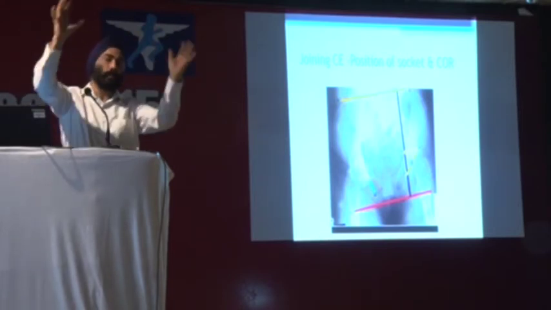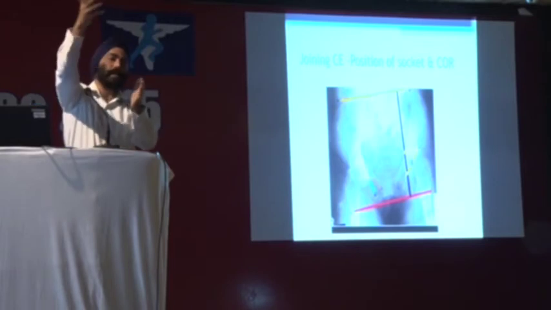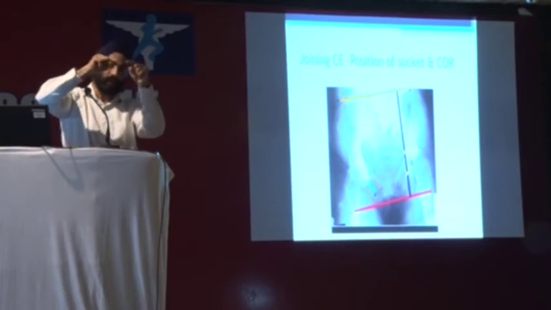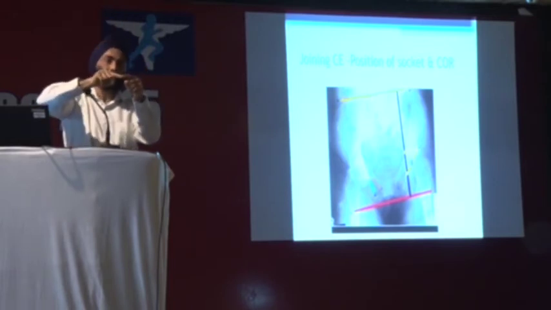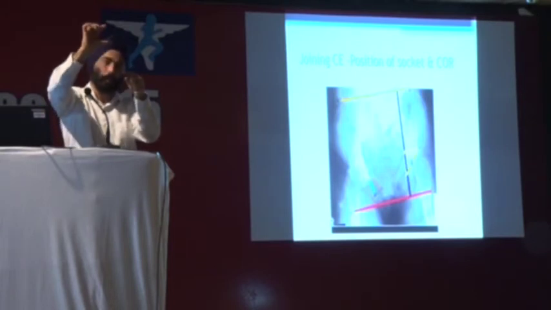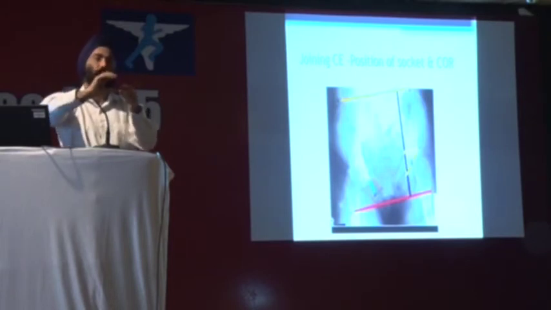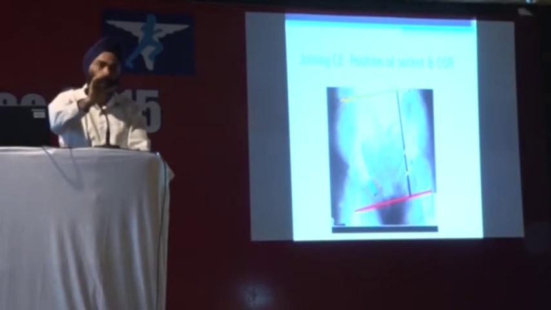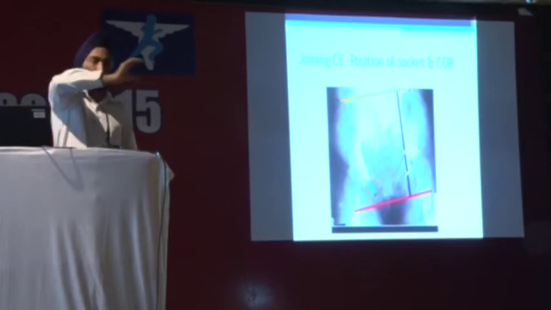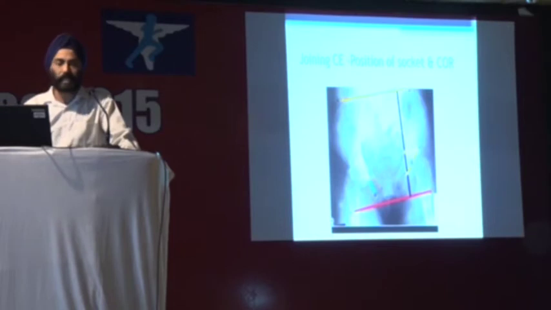So however deformed or dysplastic your pelvis may be, if you identify the teardrop and the distances, you can see where you have to bring your hip center down. If there is dysplasia, you have to bring your hip center down. If it is protrusio, you have to bring your hip center up. So this is how you draw the lines to identify your hip center.